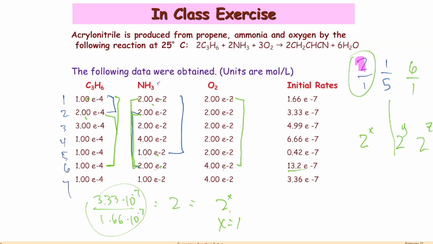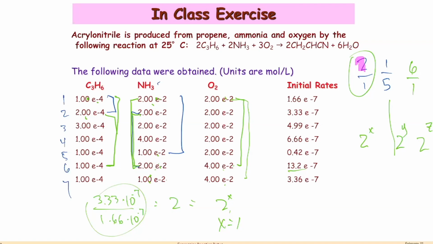Okay, great. Now, it doesn't matter which experiment. There was a question in here. Shouldn't you be using experiment 7? In this particular case, if I use experiment 7, the oxygen doubles, but the ammonia decreases by half and the propene stays the same.